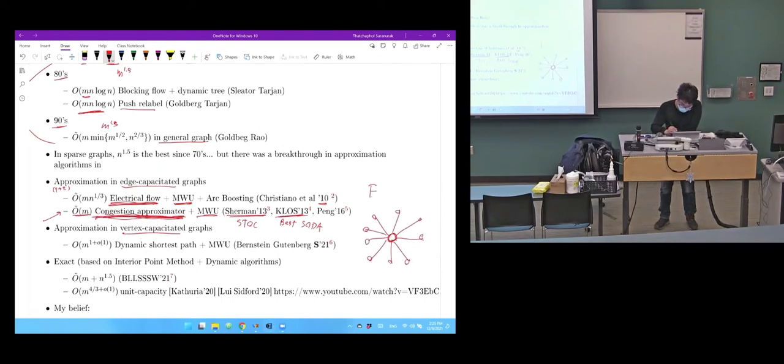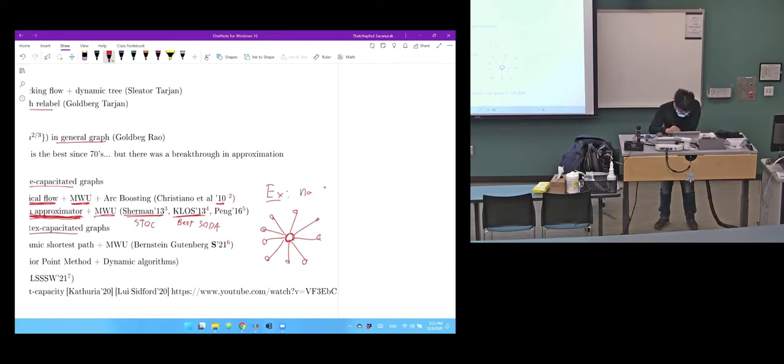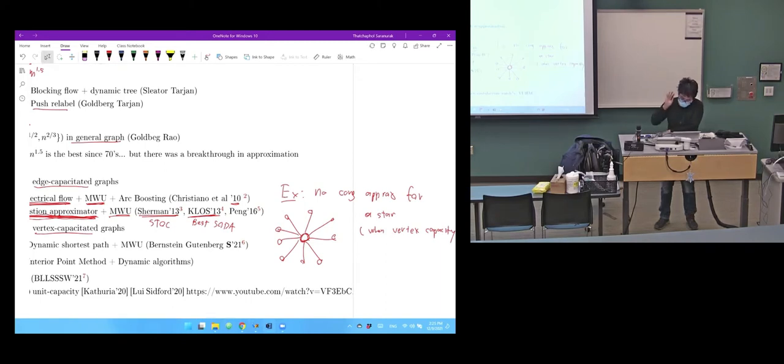So this is maybe an exercise for tomorrow: no conjecture approximator for a star when we talk about vertex capacity. We can prove that a conjecture approximator just doesn't exist.